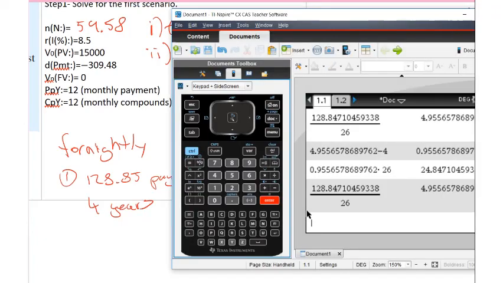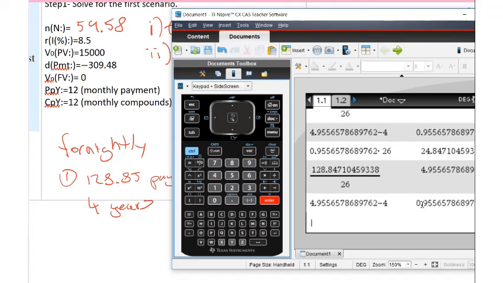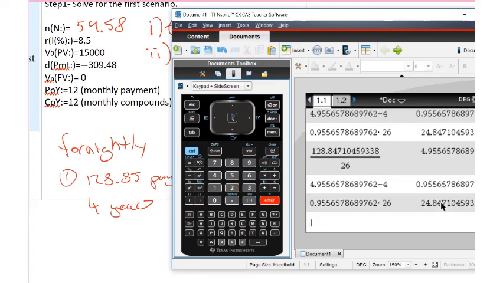For the 0.955, let's just go ANS, rather than copy paste, and minus 4, because I want the decimal part, which is basically a part of a year. I need to work out how much of that year, so I go ANS again, times 26, because I needed to know how many fortnights, and so 25.